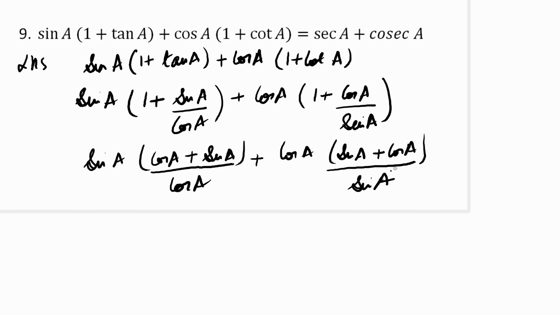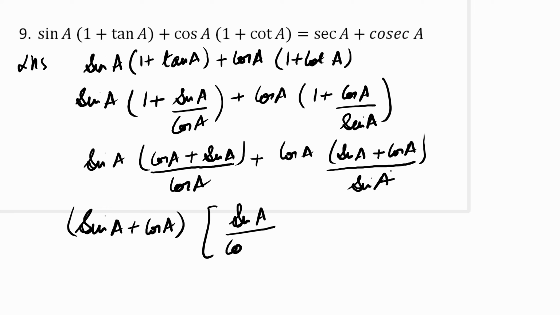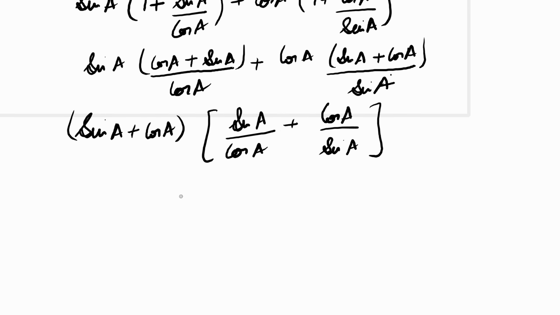Now what we'll do, we'll take sin A + cos A as common. We will be left with sin A upon cos A + cos A upon sin A. Now we'll do it like this.